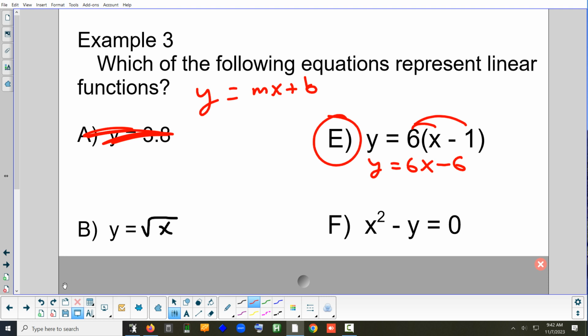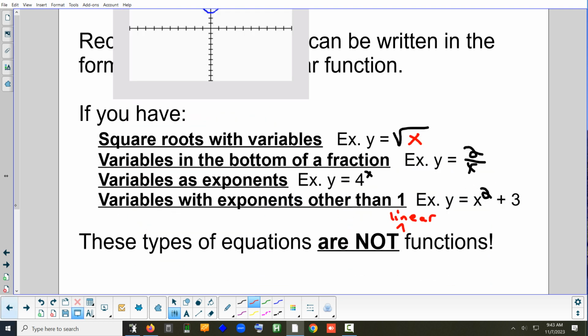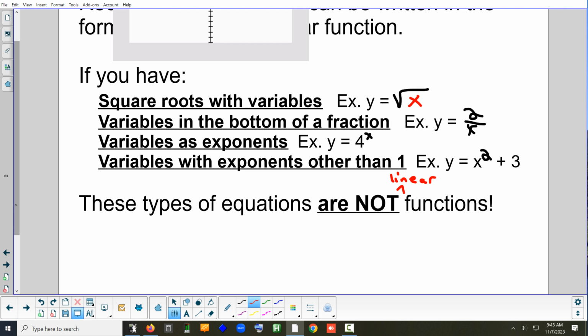How about B? Y equals the square root of x. No, we said square roots can't be linear. How about F? No, that's non-linear. You can't have something with a power of 2 or 3 or 4.